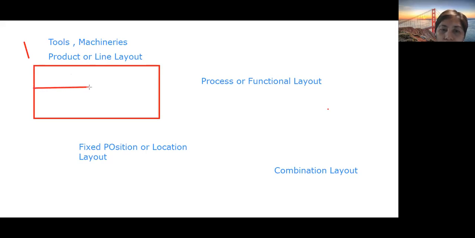So for example, this area is for making tools, and another area is for making the different machineries, because again the focus is on the different products.